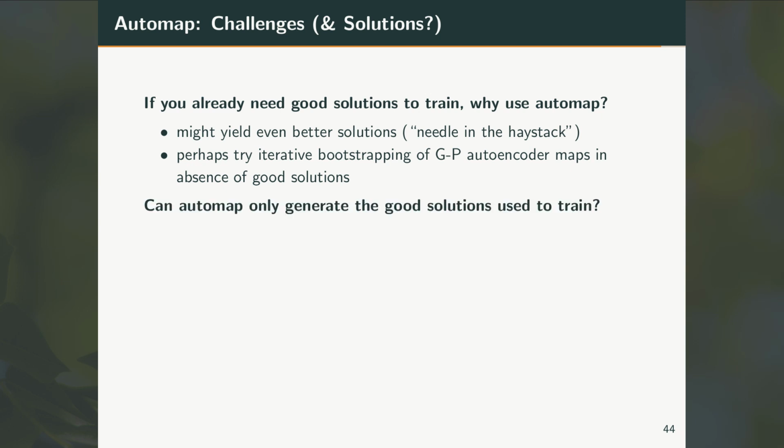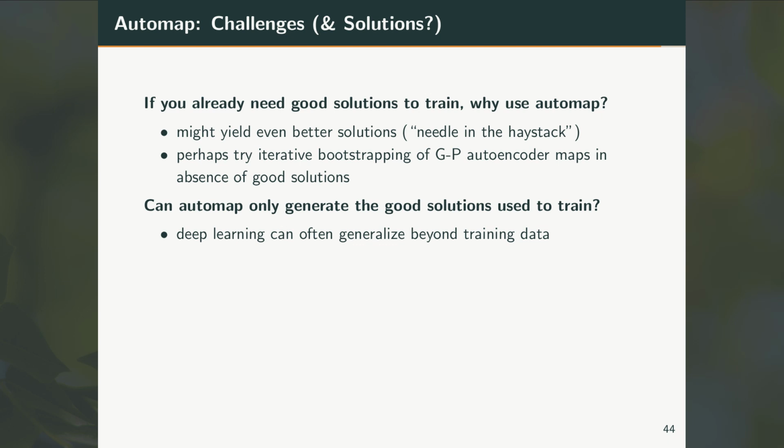Another concern here is that AutoMap might only generate the good solutions that were used to train it. And I think there is some validity to this concern. However, one of the neat things about deep learning is that it can often generalize beyond training data, right?